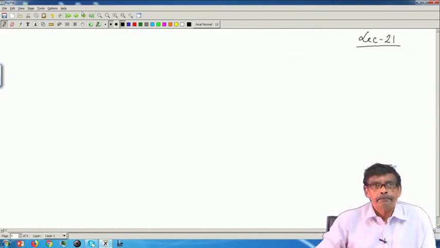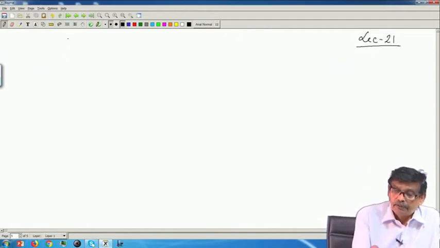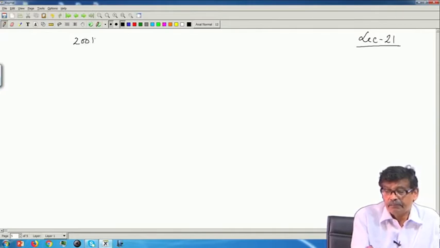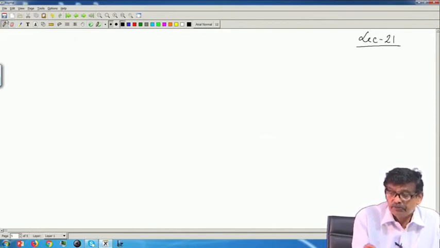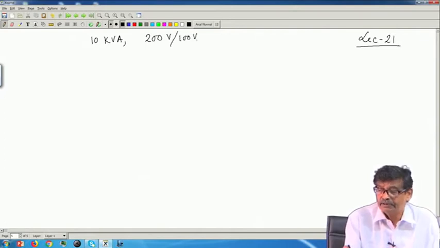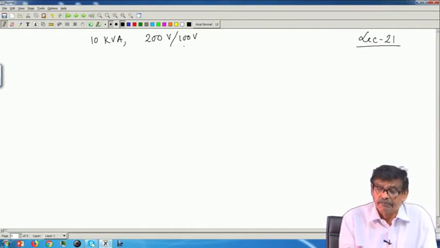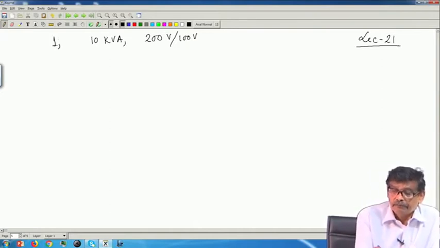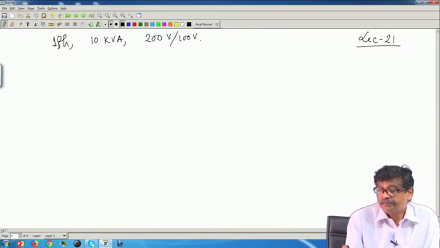Suppose I have a transformer, let me take a simple example: a single phase transformer, 10 kVA, 200 volt, 50 hertz, just so that we play with the numbers to easily understand what I mean.